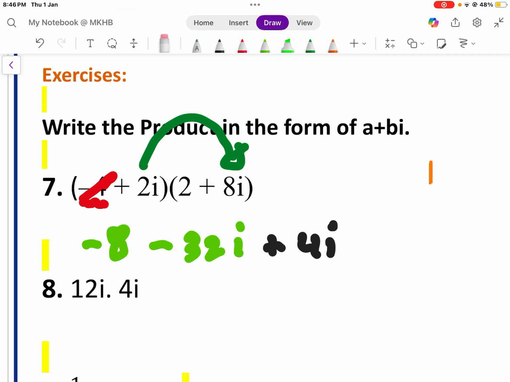Now the last step, the greatest step. Multiply the numbers normally. So it is plus 16 and i by i, i squared. The last step, you erase this and change the sign. So it will be negative. Now we combine the like terms.